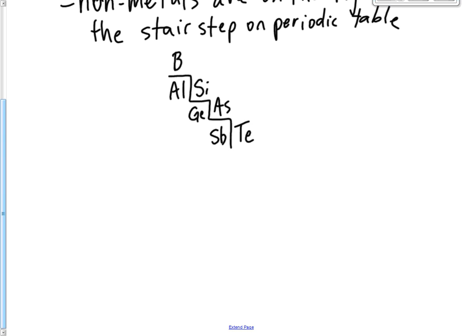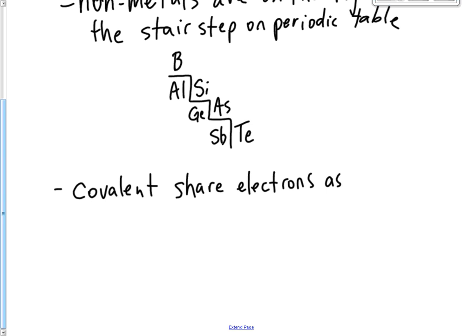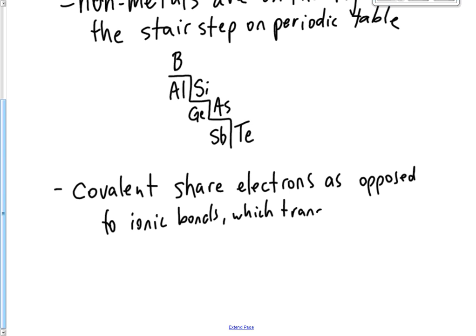Okay. Second thing is covalent bonds share electrons, compared to ionic bonds, which transfer electrons.